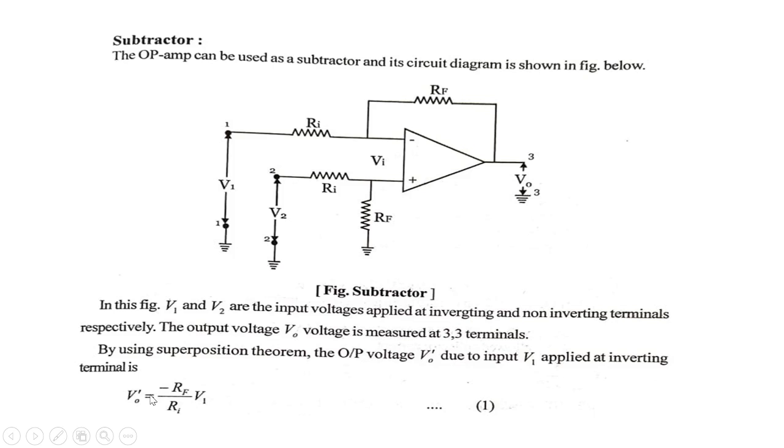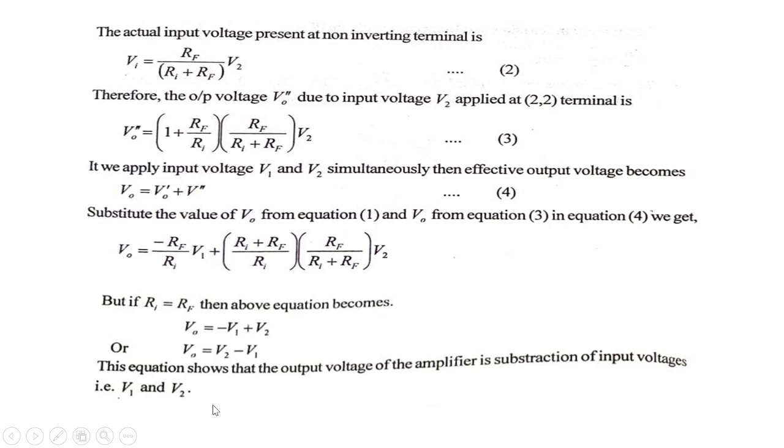By using the superposition theorem, the output voltage V0' due to input V1 applied at the inverting terminal is V0' = -(RF/Ri) × V1. The actual input voltage present at the non-inverting terminal is Vi = RF/(Ri + RF) × V2.